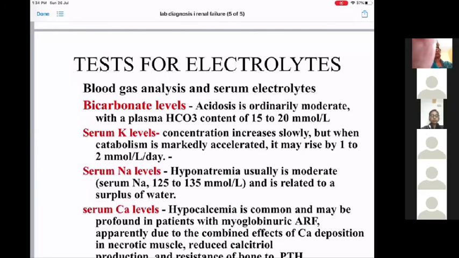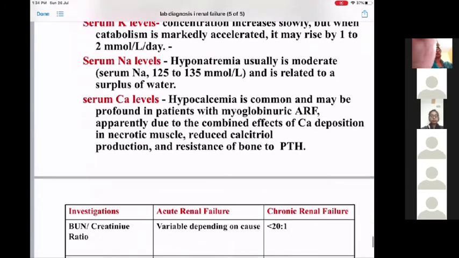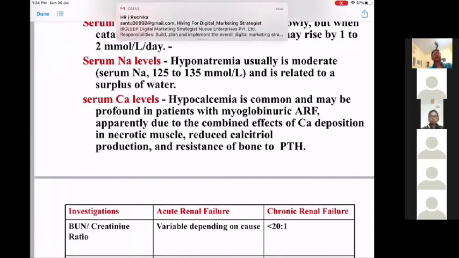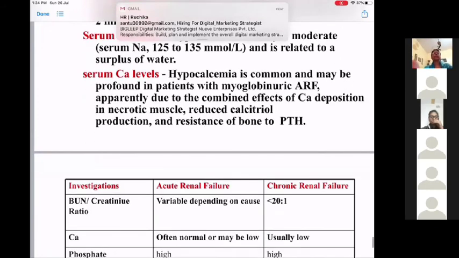Hyponatremia is usually moderate, less than 125. And serum calcium: hypocalcemia is common and may be profound in patients with myoglobinuric acute renal failure, apparently due to the combined effect of calcium deposition in necrotic muscle or reduced calcitriol production and resistance of bone to PTH, that is parathormone.